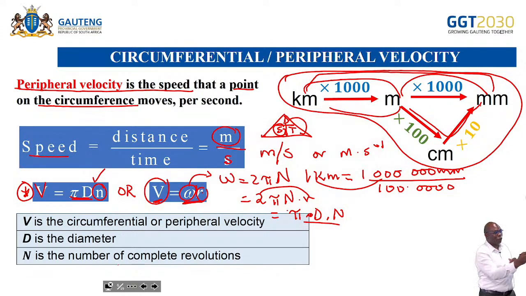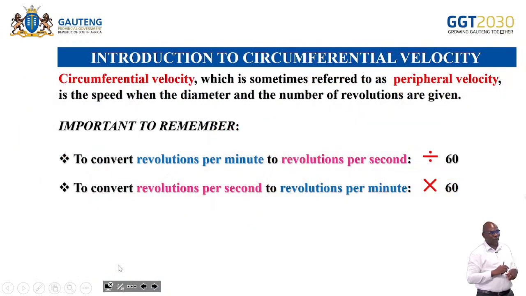Then from there I can just use that formula to get the velocity, the speed at which Megan was running. Now, V, as I said, is the circumferential velocity, D is the diameter, and N is the number of complete revolutions. In that case, if they move once, it was one revolution.